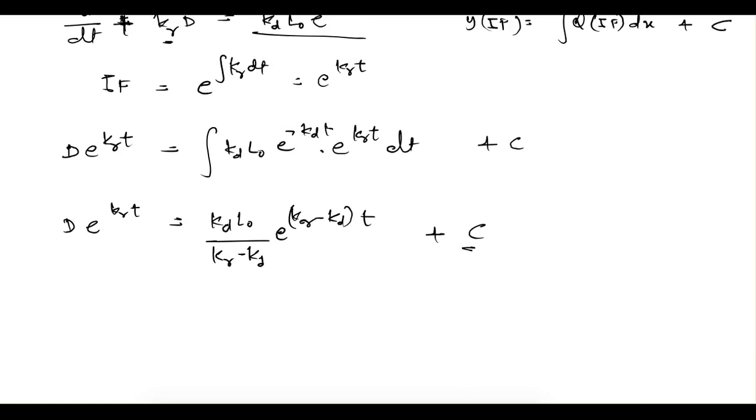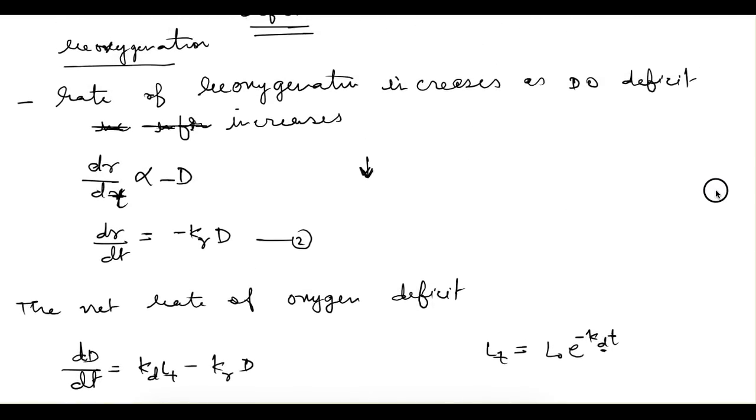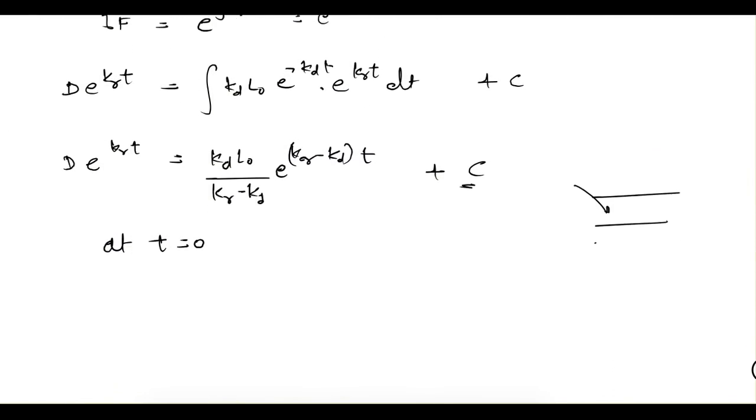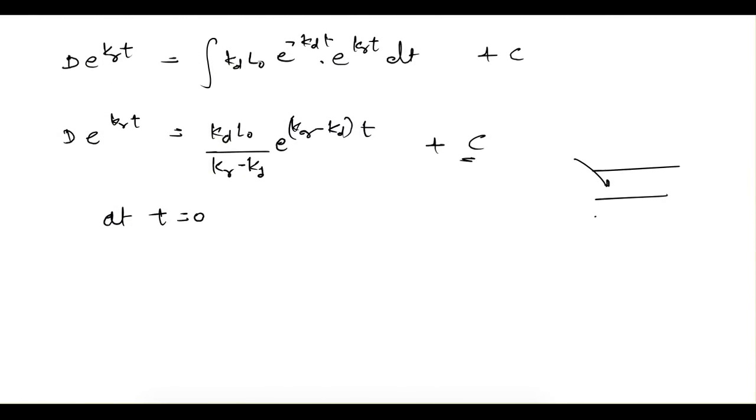Now to find the value of this constant, we look at t equal to 0, when we are just introducing the waste. Here we said that initially the DO is equal to the saturation DO, but that is not necessary. Let's say some impurities were already there in the stream, so we will assume there is some initial deficit at t equal to 0 when we are just introducing the waste.